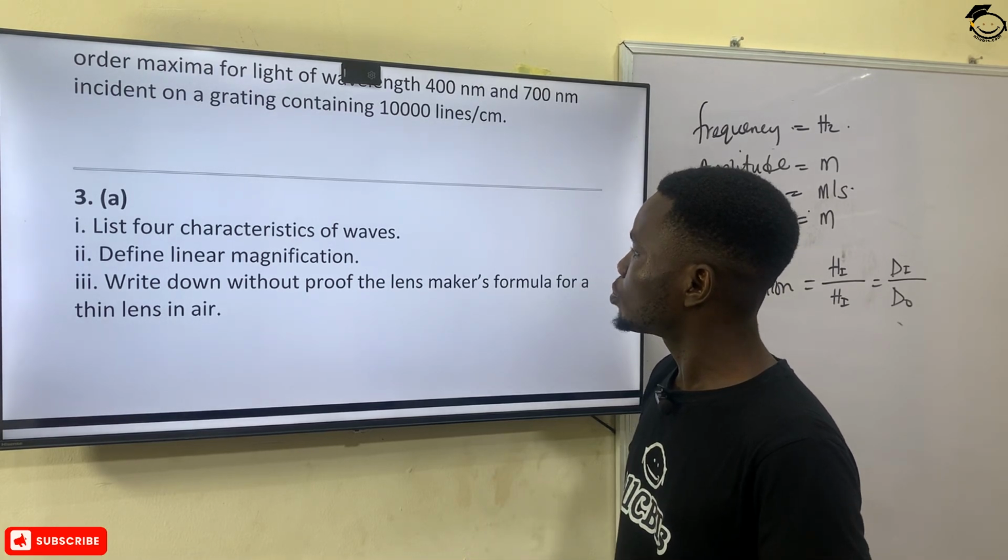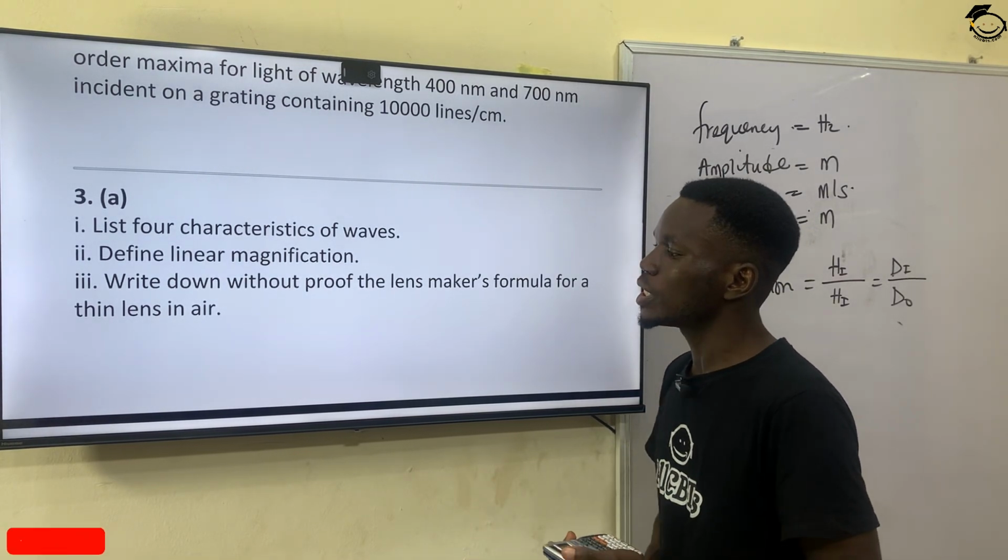The next question, which is question number 3A, which is Roman figure 3. It says, write down without proof the lens maker's formula for thin lens in air.